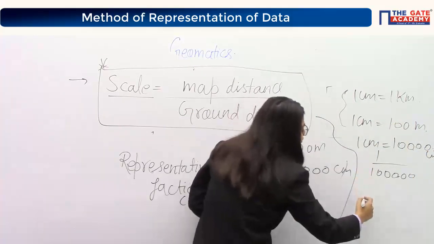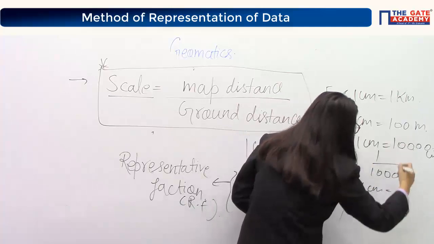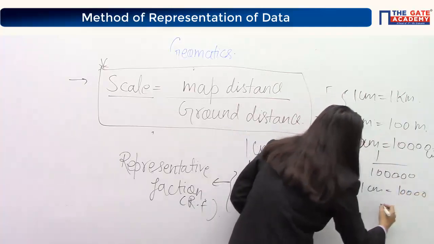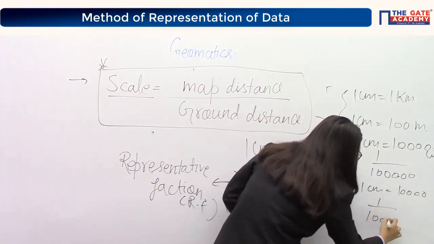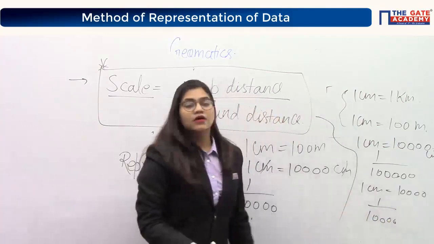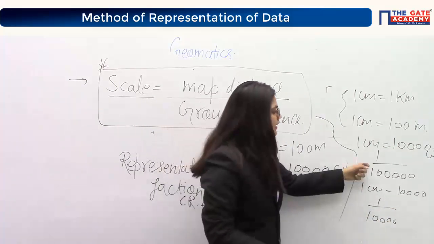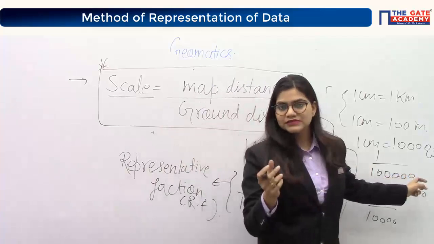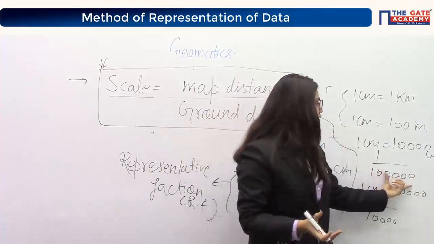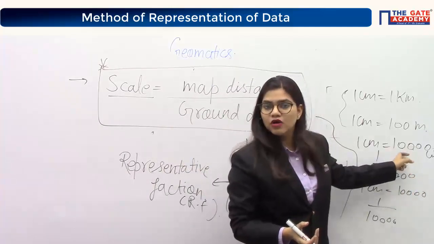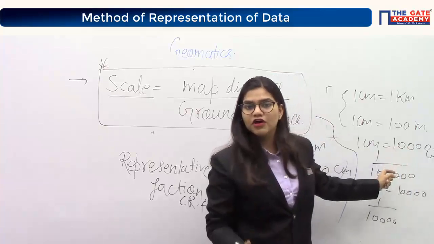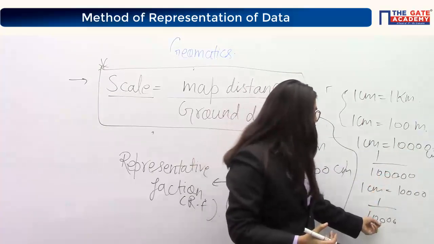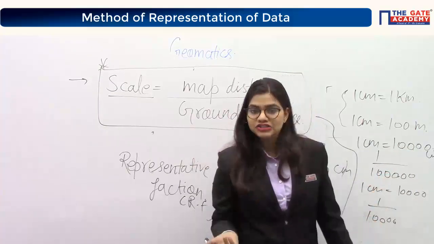And here 1 centimeter is equal to 100 into 100, which is only 10,000. If you are dividing something by a very large value, then it will be the smaller one. And this one will be your larger one.